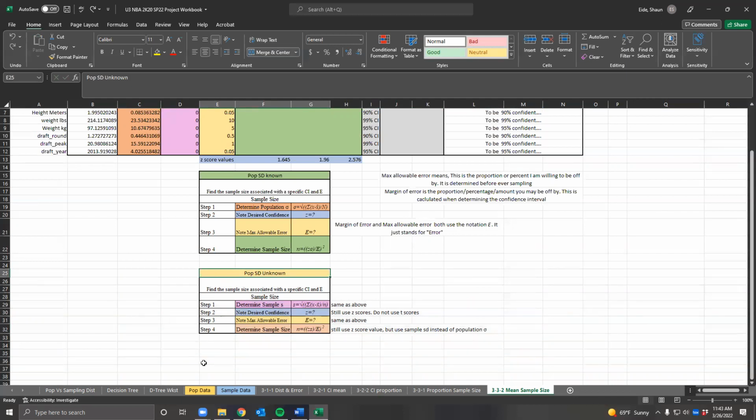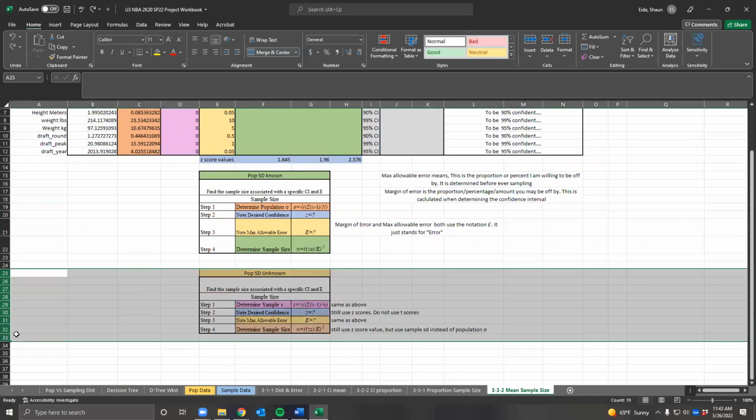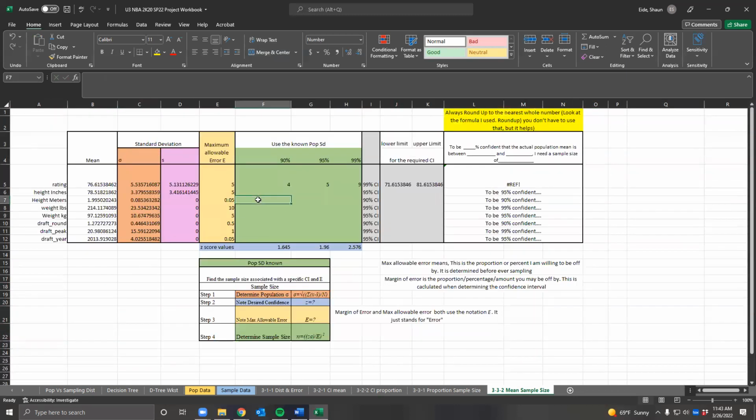But I've just made it so that we stick with the population standard deviation for everything and make everything a lot cleaner, and just assume that everything we have for right now is dealing with a z-score and a previously known population standard deviation.